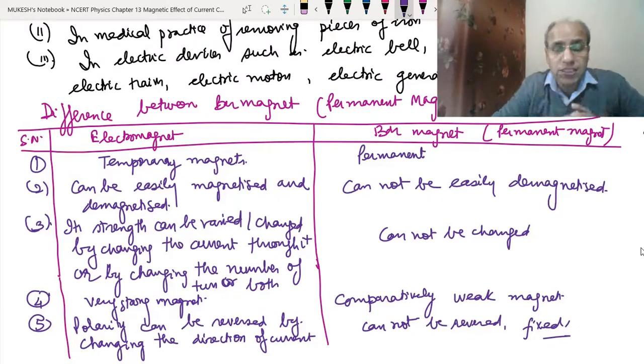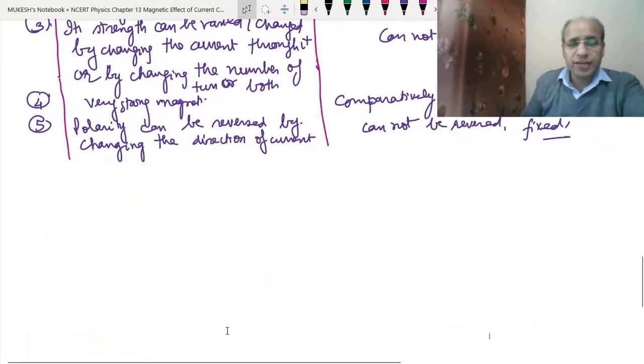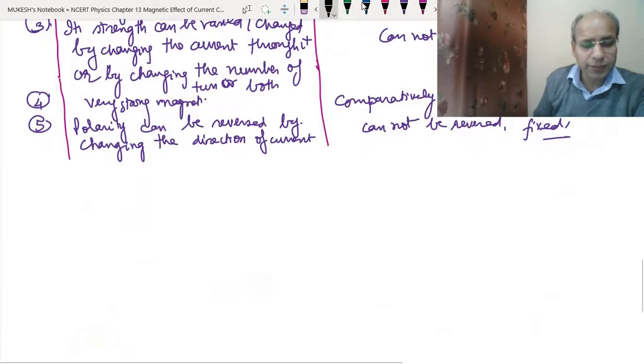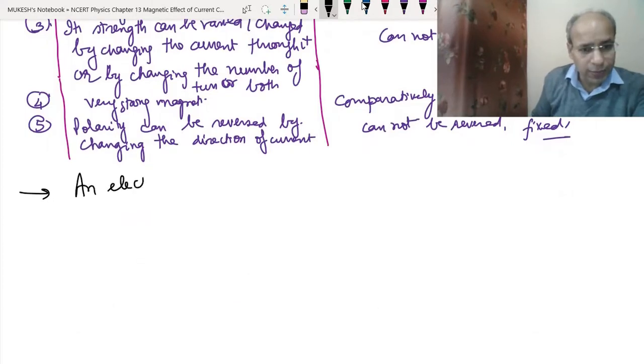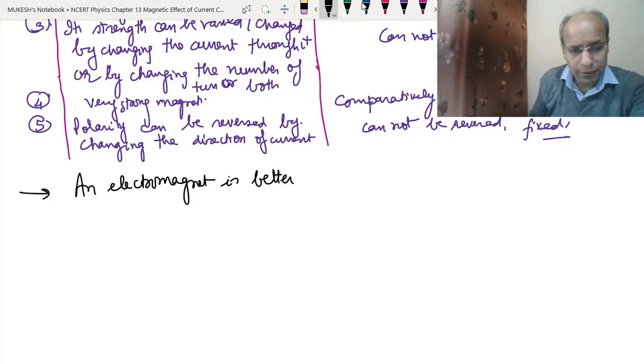So based on this discussion, what we can conclude is that an electromagnet is much better than the bar magnet. Now let's write the conclusion: an electromagnet is better than a permanent magnet.